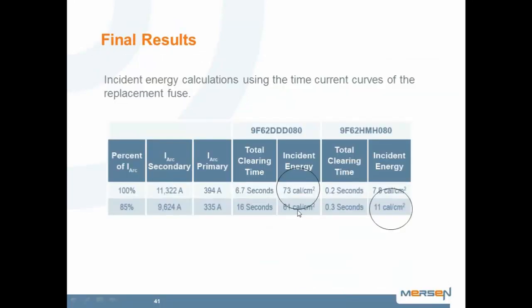Now, the final result is 11 calories per centimeter squared, brought down from 73 calories per centimeter squared. It's not a category 0, but it's substantially lower, and someone could safely work on it with the proper equipment and proper authorization.